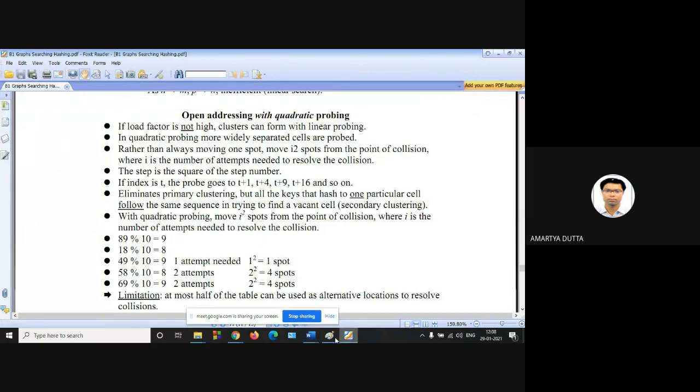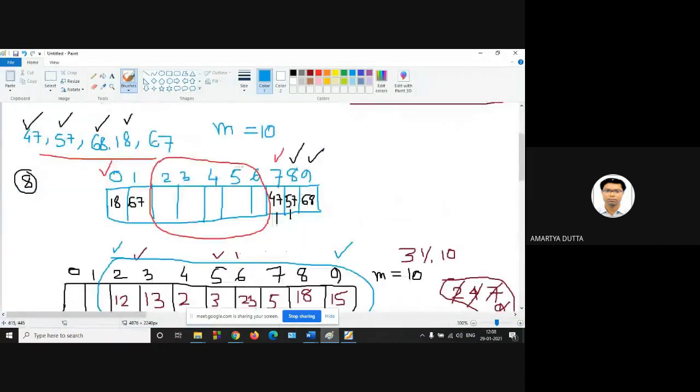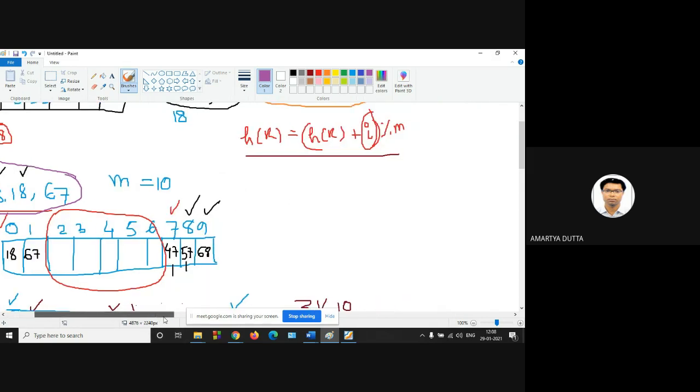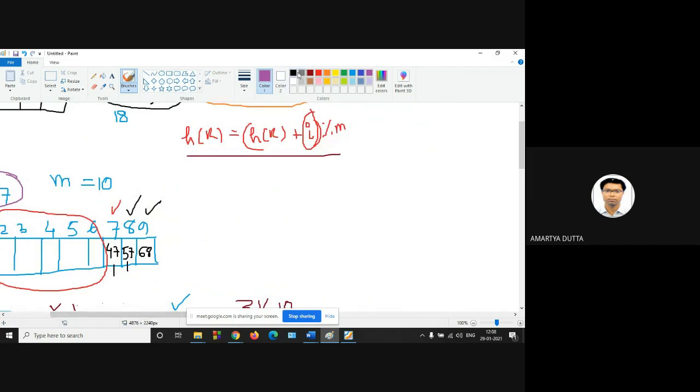Now, this is your sequence: 47, 57, 68, 18, 67. So this is the array using linear probing. Now we have to insert using quadratic probing.